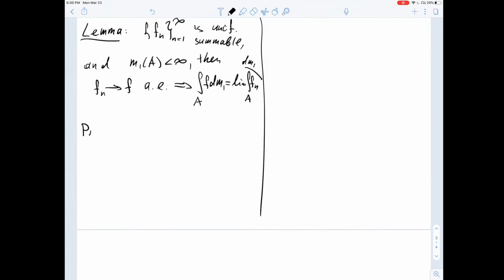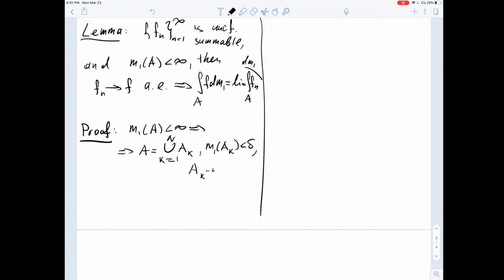Alright, so let's prove this. Okay, so first, because we know that the measure of A is less than infinity, we can write A as a finite union of sets AK such that their measures are less than delta and the AKs are disjoint.